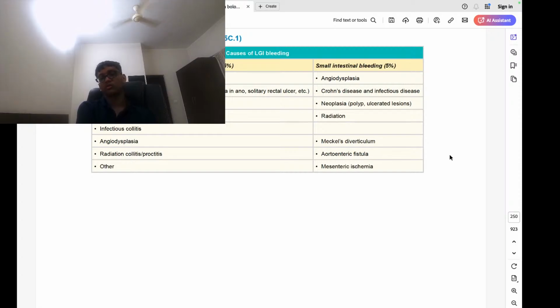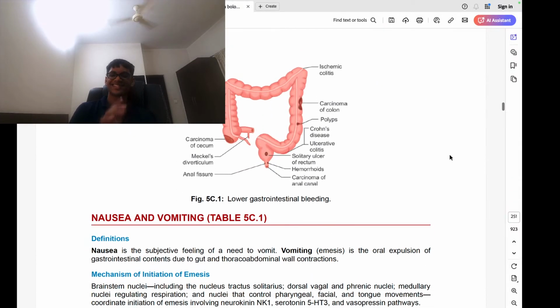Small intestinal bleeding includes angiodysplasia, infectious diseases, neoplasia, polyp, ulcerated lesion, radiation, Meckel's diverticulum, aortoenteric fistula, and mesenteric ischemia. Also diverticulum, fissures, cancers like carcinoma, and angiodysplasia.